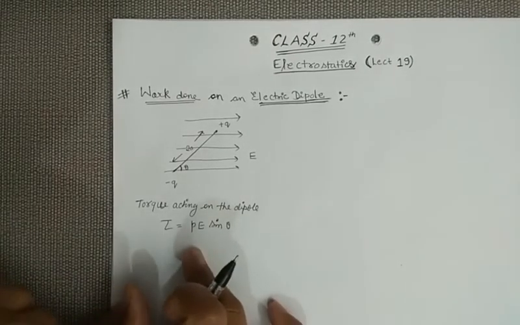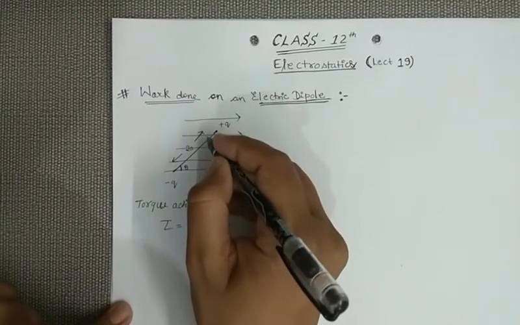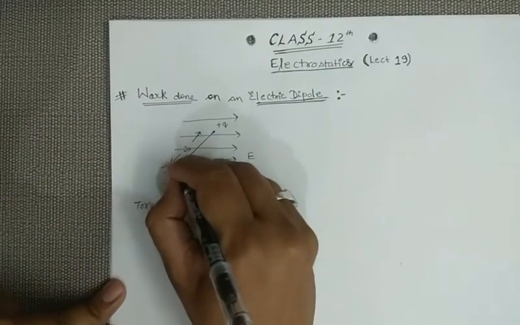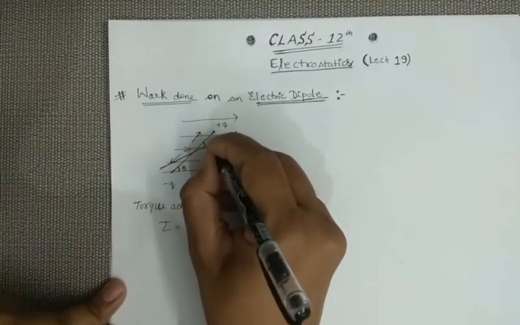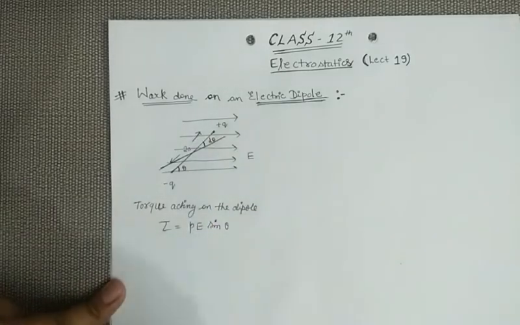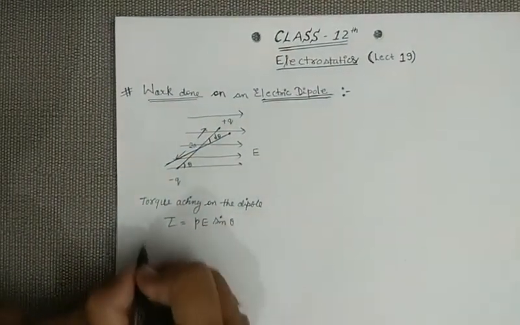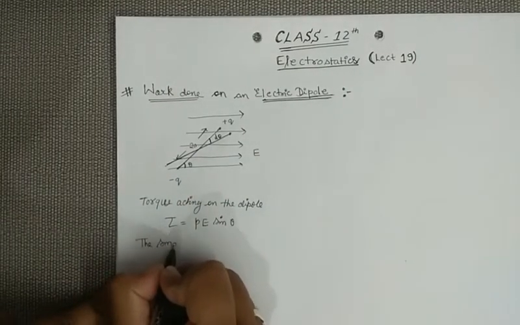Now what we are going to do, we are going to rotate this dipole. Suppose I just make a small rotation in this dipole, and suppose I rotate it by a small angle d theta. For this rotation I have to do a small amount of work.